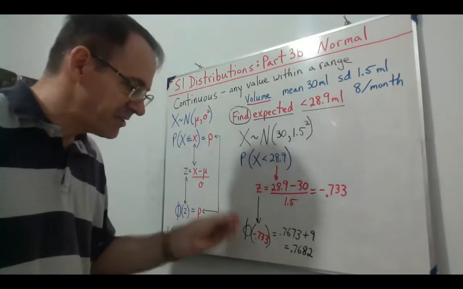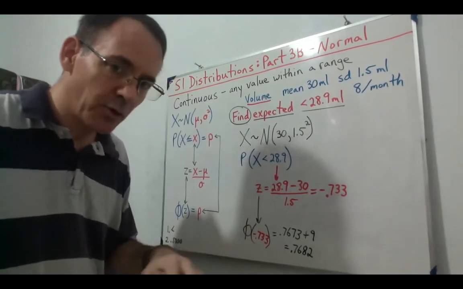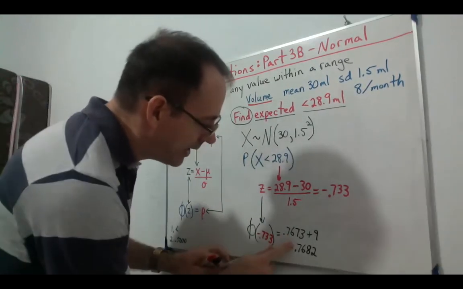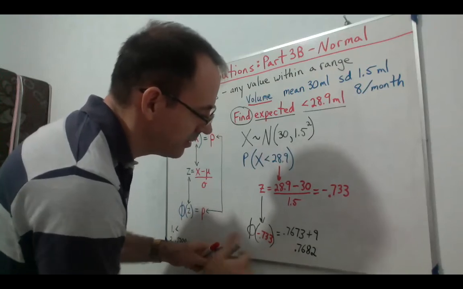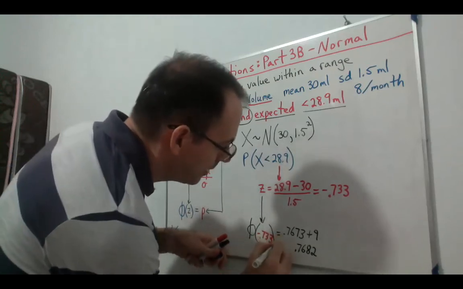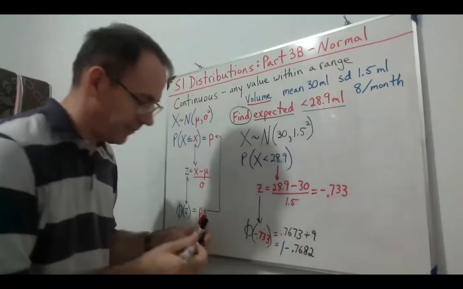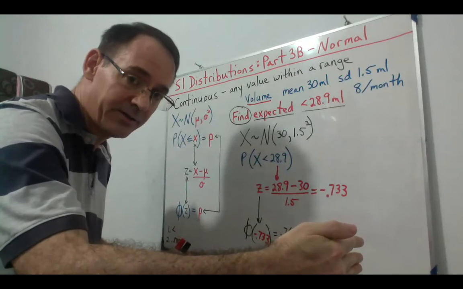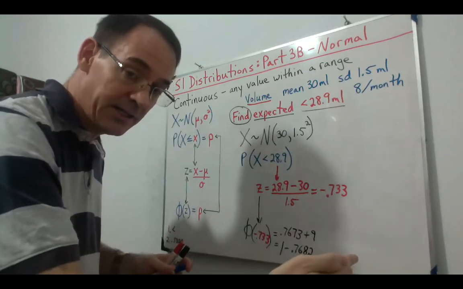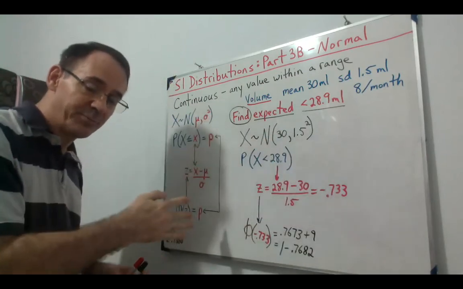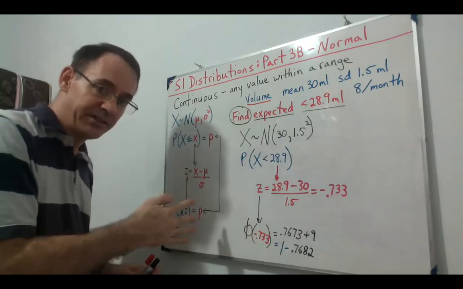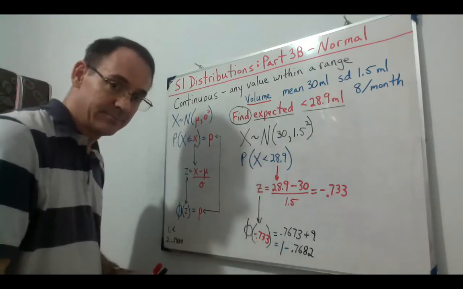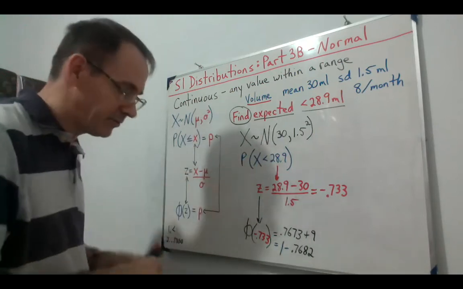However, we looked up the positive z. So since we changed this to a positive z, the way we adjust for that is we have to do 1 minus this probability. Remember, it's symmetrical. So a 0.733 standard deviation in the positive direction is going to equal a negative 0.733 standard deviation in the negative direction, but 1 minus that. Okay, so that's symmetrical.